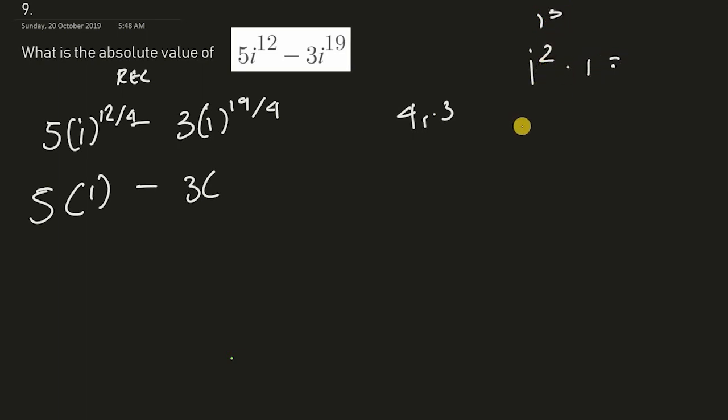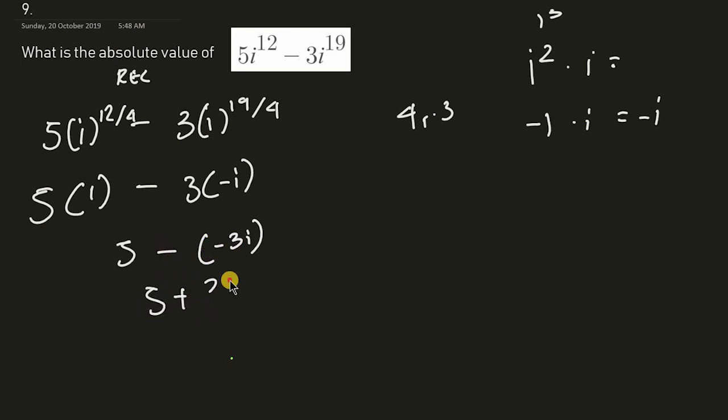So, we know that i squared is negative 1 and i is simply i. So, negative i. So, to solve for this, 5 times 1, that's 5 minus 3 times negative i is negative 3i. I-distribute natin yan. That's 5 plus 3i. So, this is the value in rectangular form.